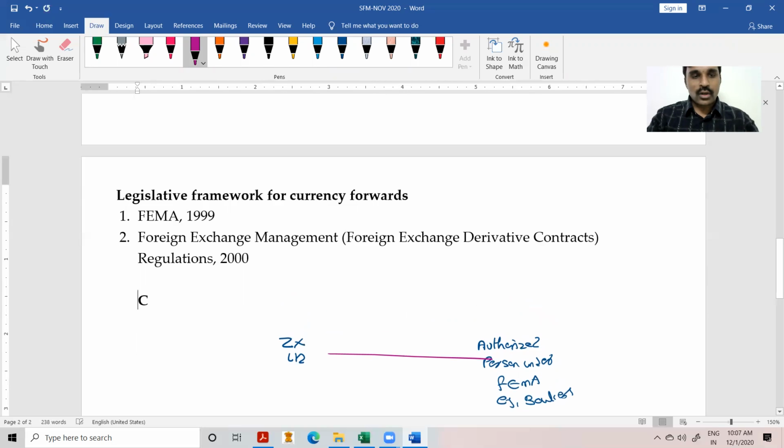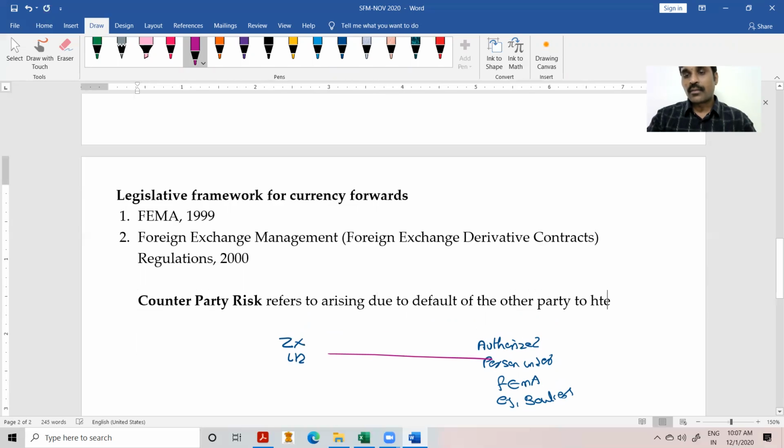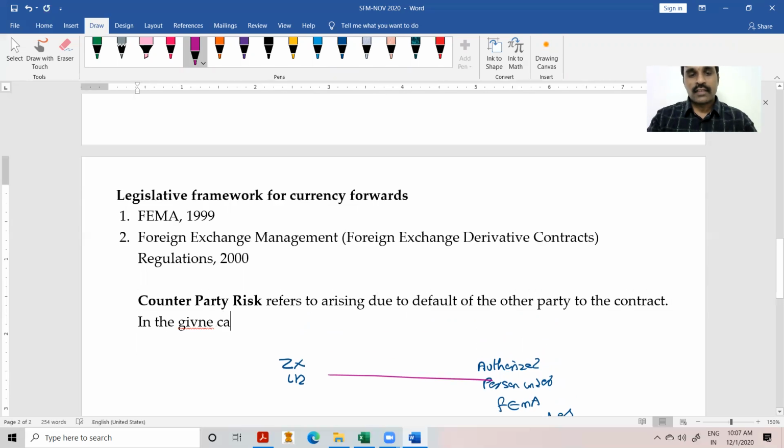So counterparty risk refers to the risk arising due to default of the other party to the contract. In the given case, there will be no counterparty risk to ZX Limited, as the other party is the banker.